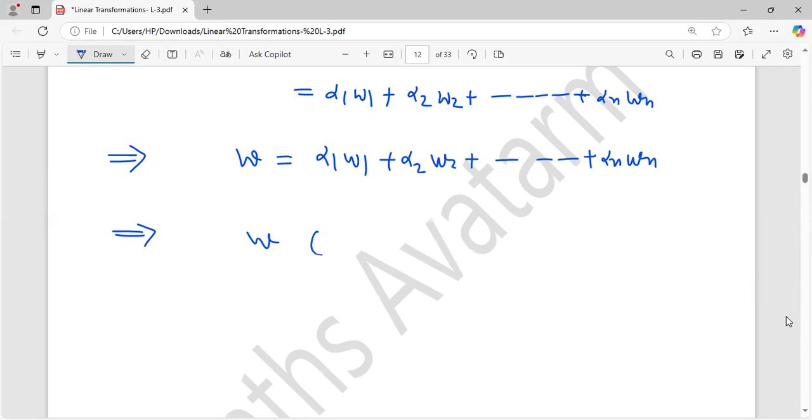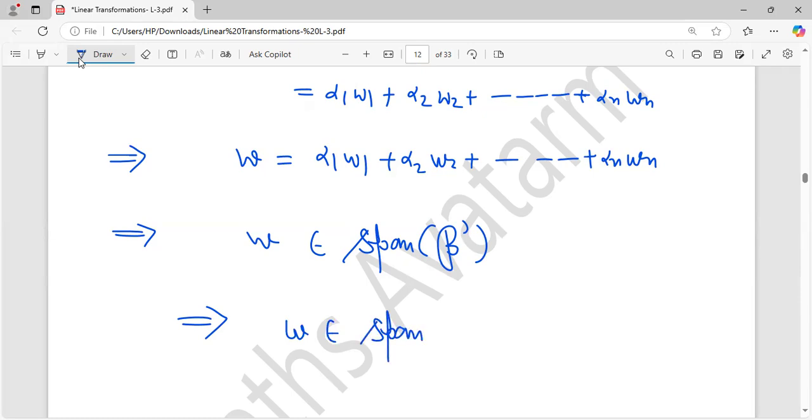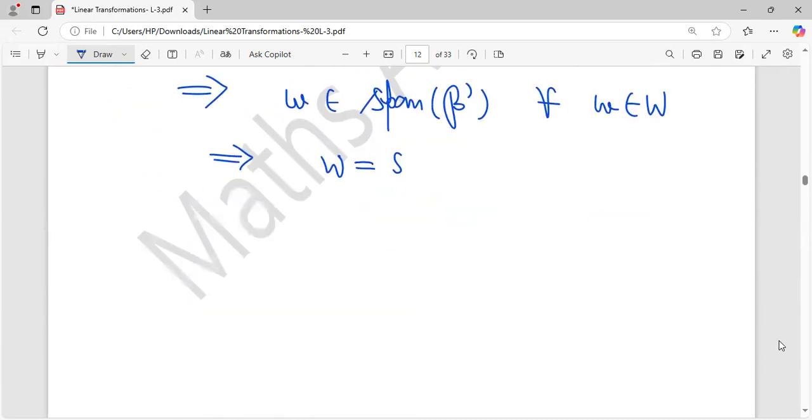So this implies w belongs to span of B dash, for every w belonging to capital W. So W is the span of B dash.